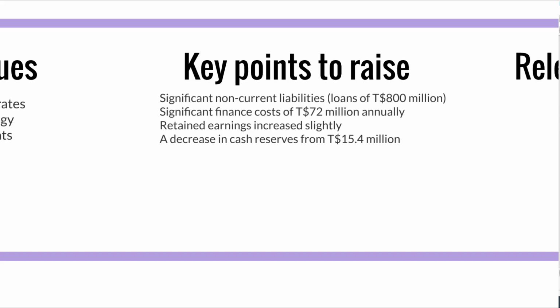And a very slight decrease in cash reserves, to $14.3 million, could suggest that Shinyglas is struggling to generate enough cash flow to meet its obligations. But again, these are key points to remember, key points we've already flagged in the finance video.